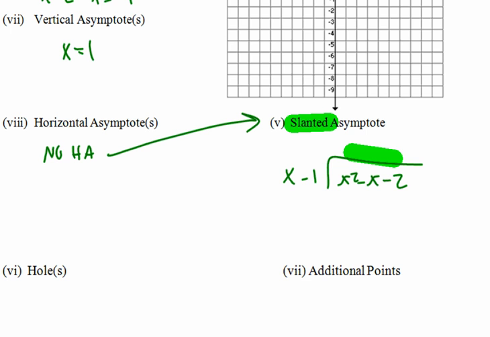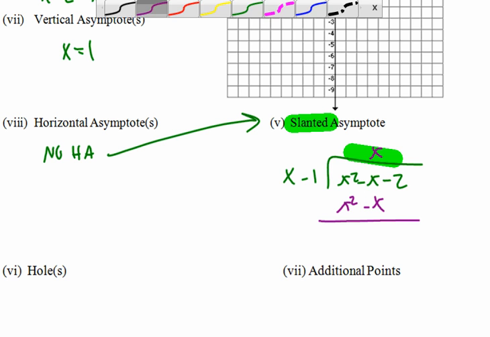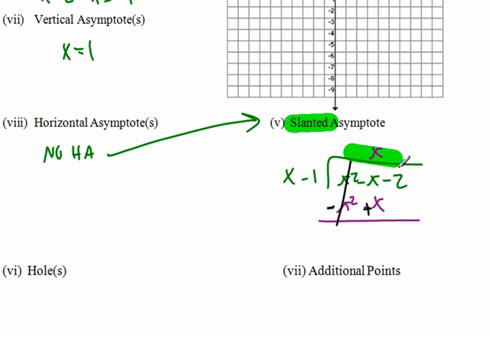Okay. So let's go at it. x goes into x squared, x times, right? Because x times x is x squared. And then x times negative 1 is negative x. Change all the signs. So those cross out.